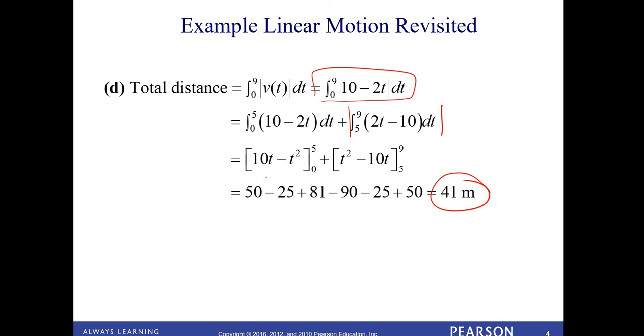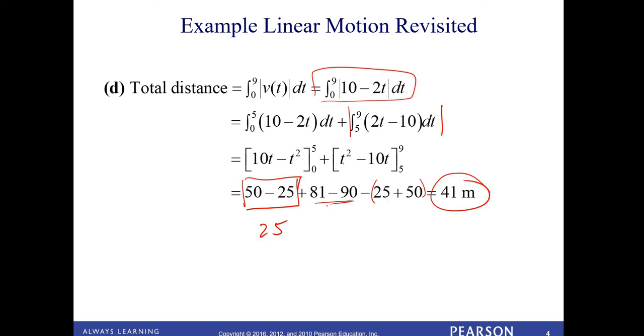Let's take a look. 0 to 5, 10t minus t squared. So from 5 would be 50 minus 25, and then minus 0. So that's our first part, and that is 25 units. That's our positive motion. Here we have t squared, which is 81, minus, plugging in 9 here, minus 90. So that's the first piece, minus 25, putting in our 5, minus 50.